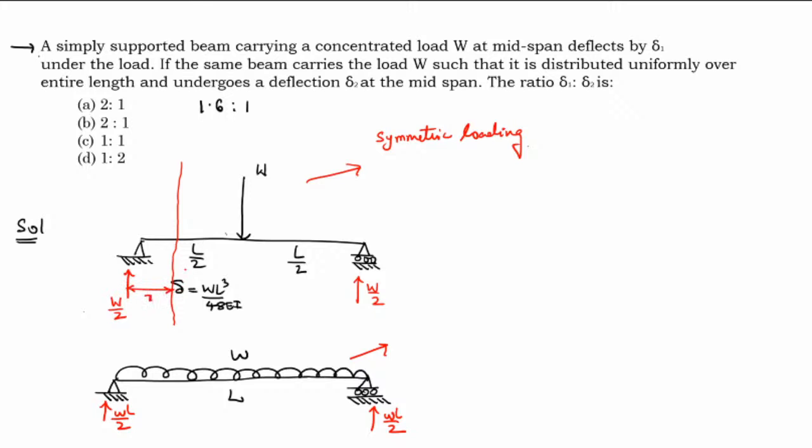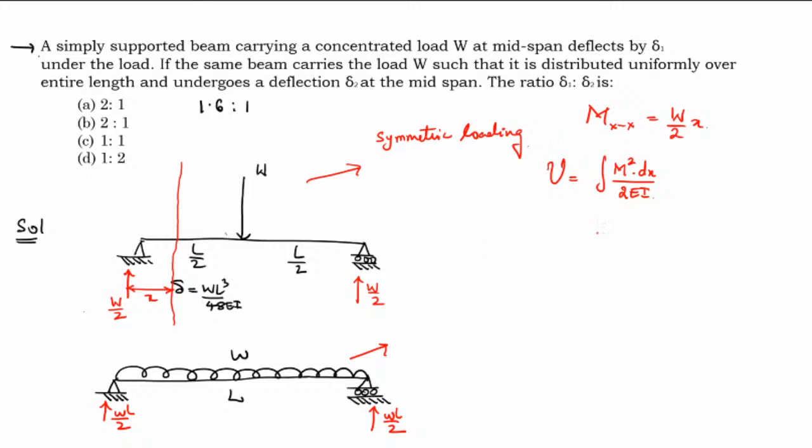Moment about section xx will be W by 2 times x. And the strain energy formula is U equal to integral M square dx divided by 2 EI. This is the formula for strain energy due to bending.